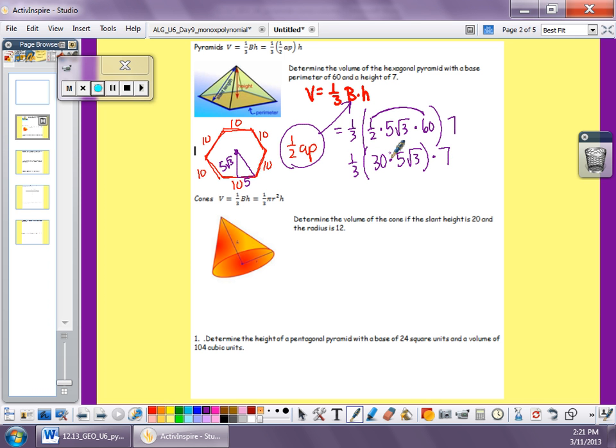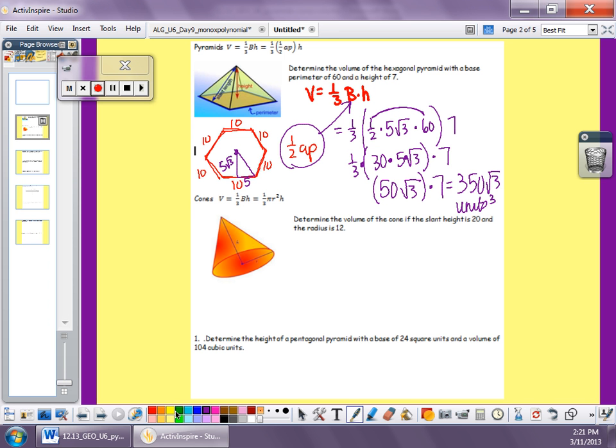Or I can take a third of 30, which is 10, and 10 times 5 is still 50, square root of 3. Remember, all of these are really just multiplying, so it doesn't matter what order you multiply, just multiply each of the numbers one time. Times 7, so this gives me 350 square root of 3, units cubed.